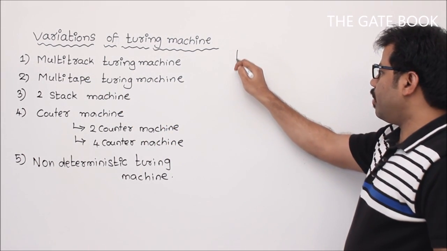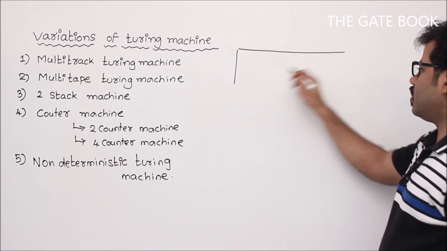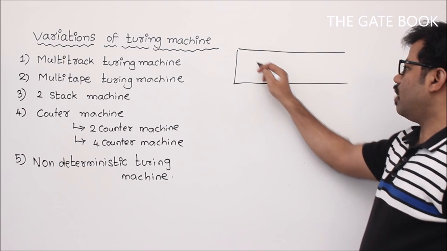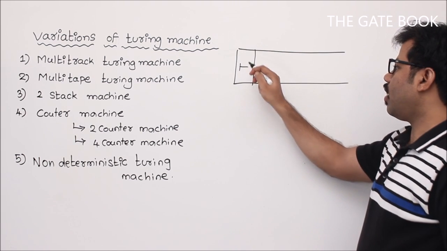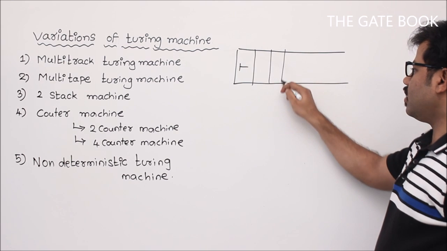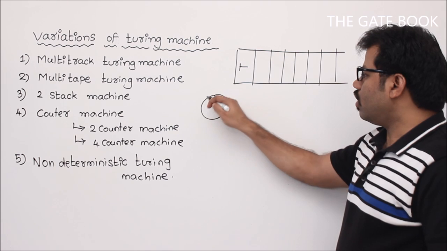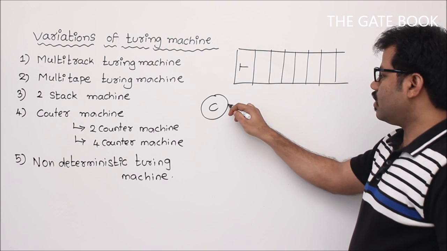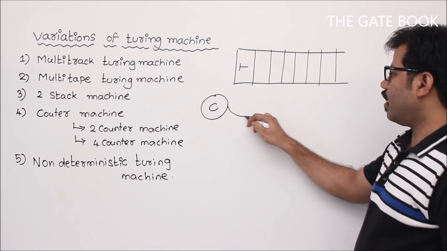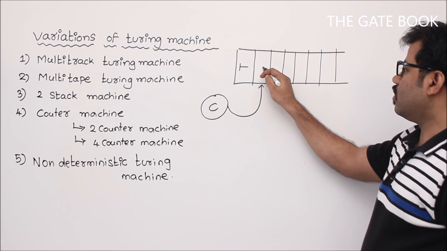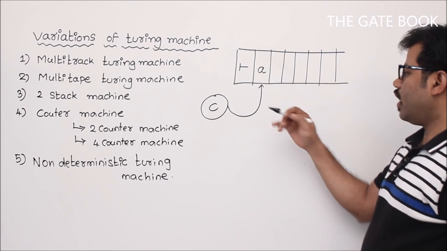So first of all, we take a basic Turing machine. This is your basic Turing machine, correct? You have a semi-infinite tape. This is the left-hand marker, and these are all various cells. Now you have a finite control, let's call it C, and there is a read and write head. Currently it is pointing here, and this is the configuration at this moment.